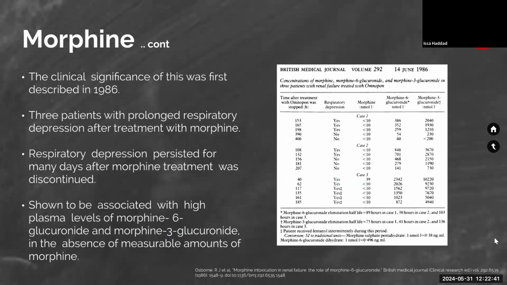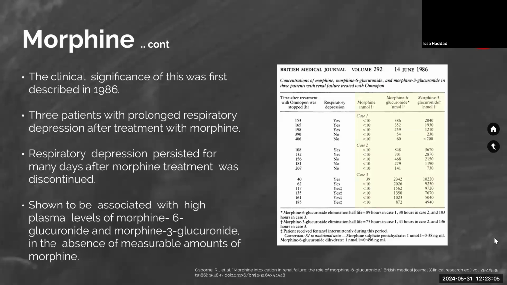This study shows what I was talking about. The clinical significance of the metabolites being the problem was first described in 1986. This is a very small study which took 3 patients with prolonged respiratory depression after treatment with morphine. And respiratory depression persisted for many days after morphine treatment was discontinued.